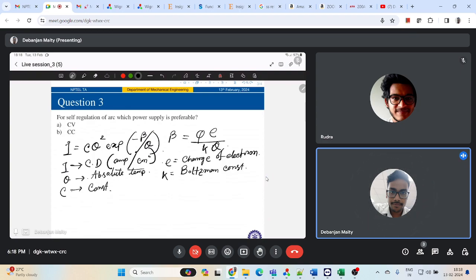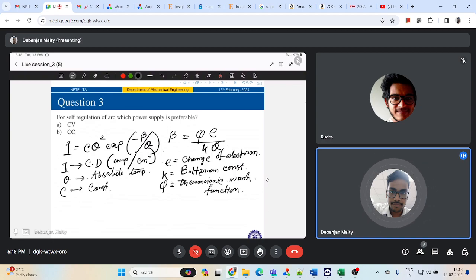Then what else do you have? You have some phi, which is called thermodynamic work function. So we have some standard procedure to find out the work function of different materials. The work function will vary for different materials. Phi is my thermodynamic work function, and it basically represents the energy necessary to boil out an electron.